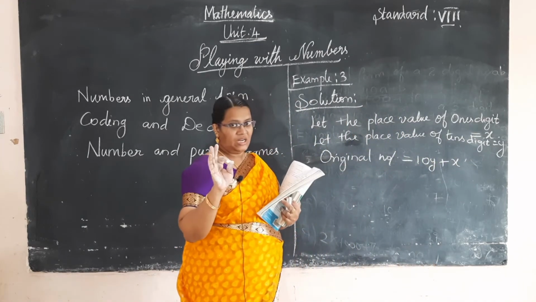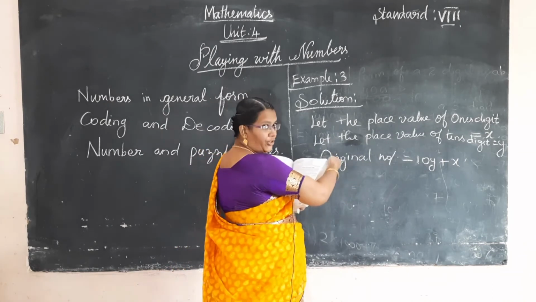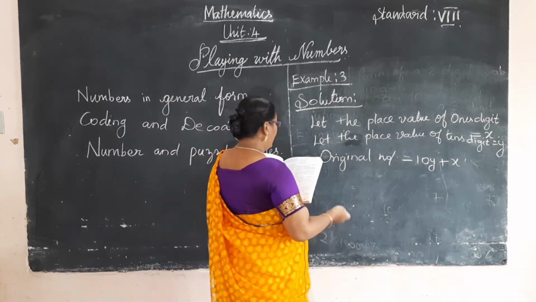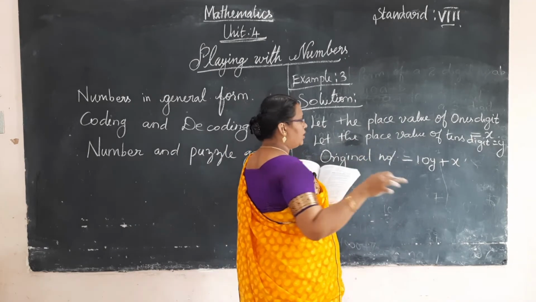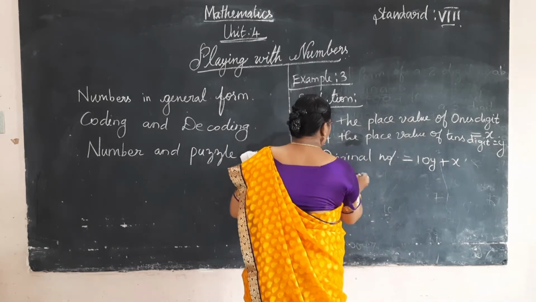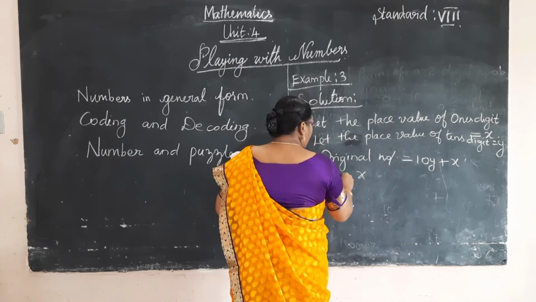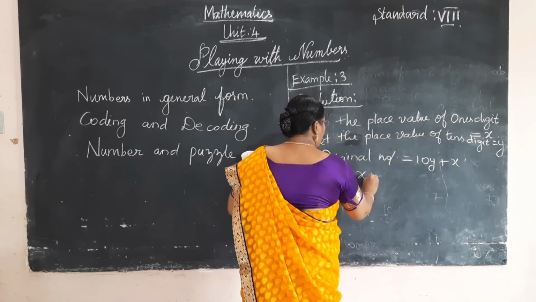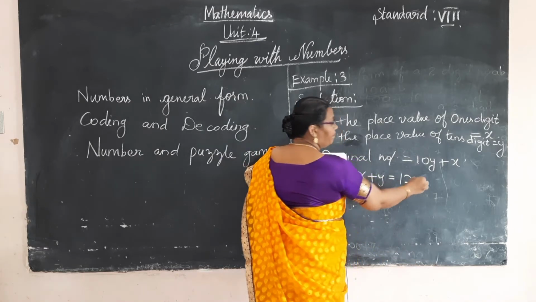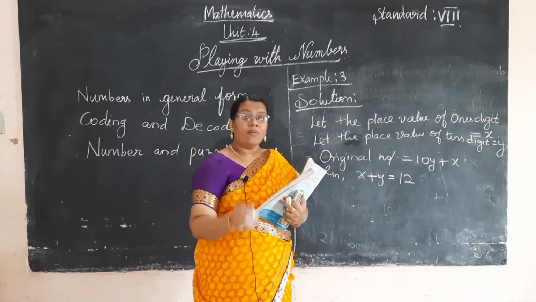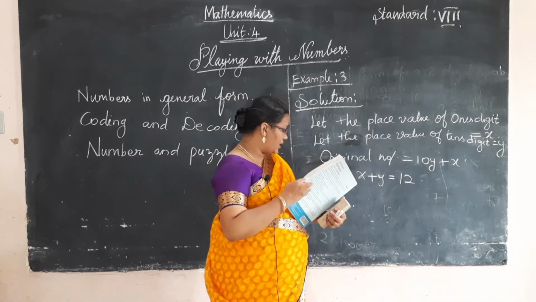This is the original number, and we have to find this number. Next, the sum of the digits of the number is 12. So x plus y is equal to 12, the sum of the two digits.